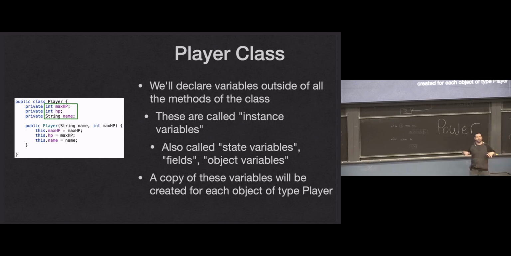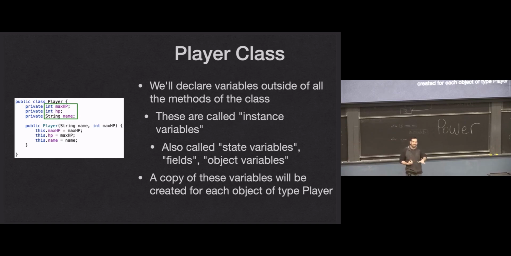That's what I'll call them throughout 116. They're also called state variables, fields, object variables. There's tons of names. I don't know why, but there's other ones I can't think of and I didn't put on the slide. But these have at least 5 different names that you'll hear throughout your career. Some people just call them different things. Even me, I'll call them different things in different contexts.